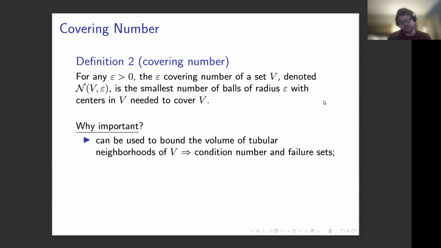And these are of interest, volumes of tubular neighborhoods are of interest, for example, when the set V has an interpretation as the failure set of some algorithm. So for example, V could represent the set of inputs to a computational problem where the condition number is infinite. And then the tubular volume represents inputs where the condition number is very large.